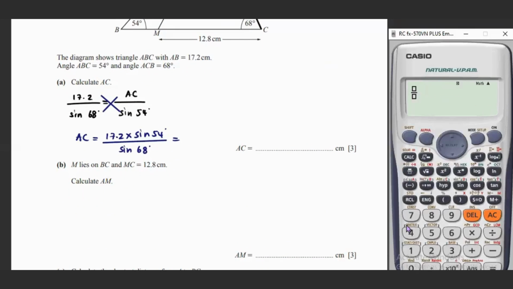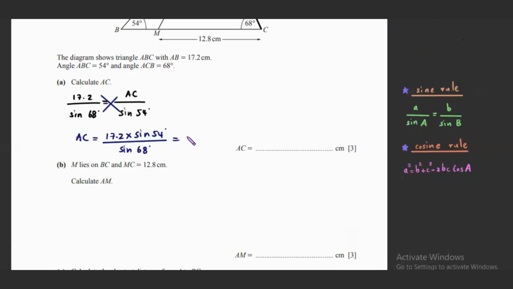So I'm going to put the fraction 17.2 times sine 54, and then divide it with sine 68. When I do that, I get 15.0079. So correct to 2 decimal places, it'll be 15.01. So that's the value of AC. I'll write it as 15.01 centimeters.